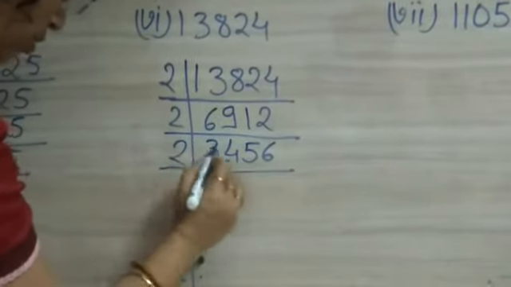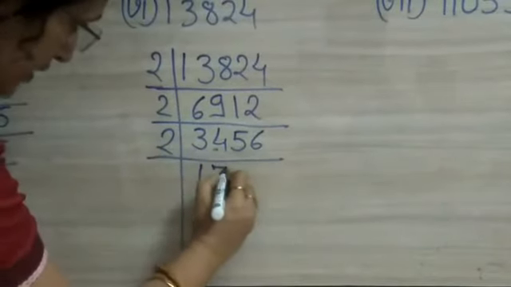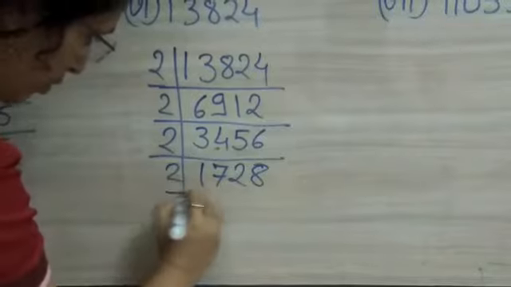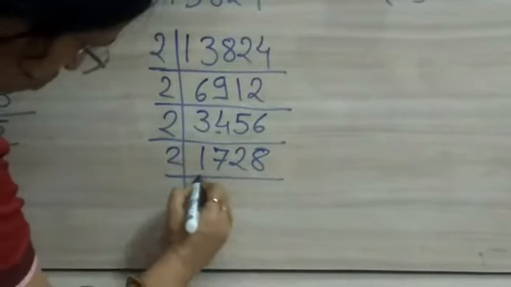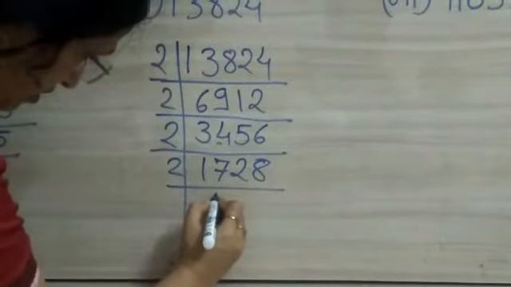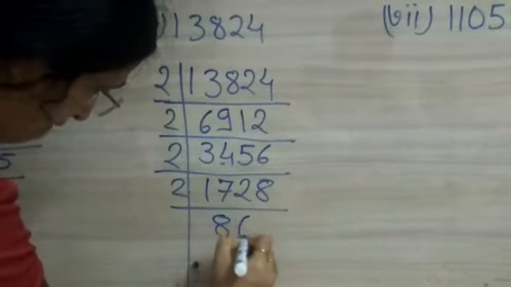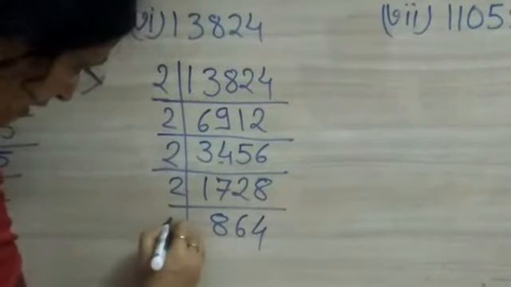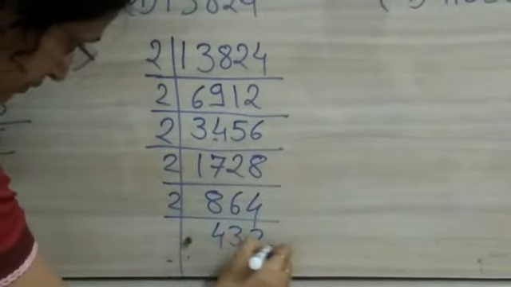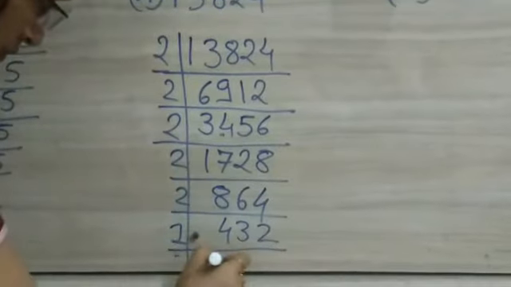Again it will go by 2, so it will be 1728. Again it will go by 2. Again it will go by 2. Again it will go by 2.